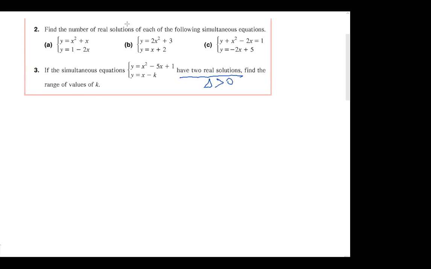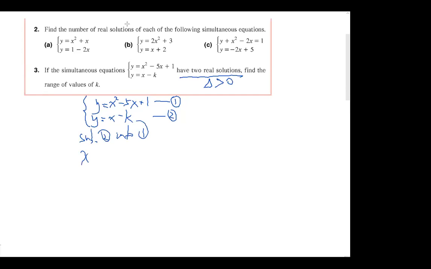So we start with the same steps. Label this to be equation 1 and this to be equation 2. Equation 2 has no square term, and equation 2 has a subject y. So we can substitute equation 2 into equation 1 directly.